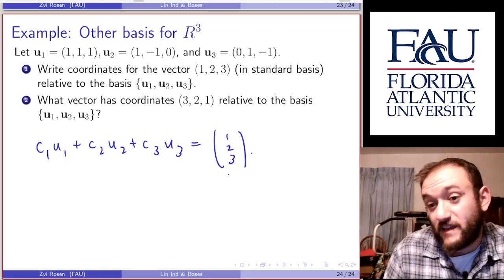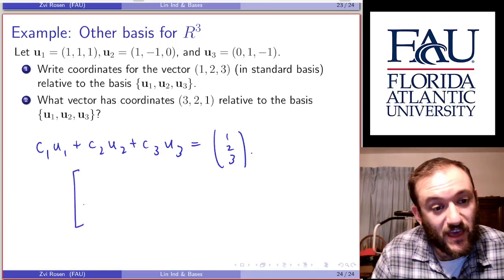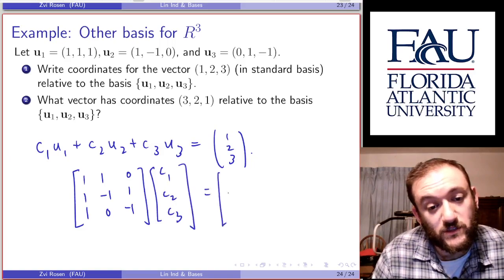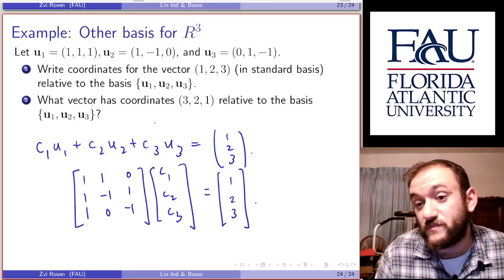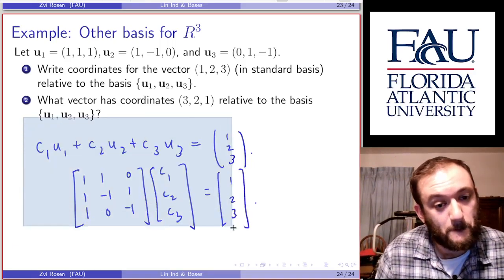So this again is a matrix equation. We're basically looking at the matrix with columns (1, 1, 1), (1, -1, 0), (0, 1, -1) times (c1, c2, c3) equals (1, 2, 3). To solve this matrix equation, we can go to the augmented matrix as before.